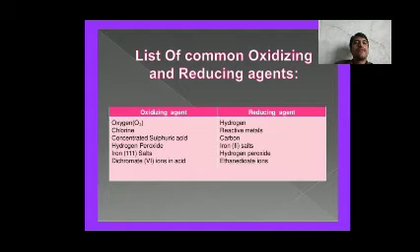Reducing agent: iron(II) salt. Oxidizing agent: iron(III) salt, FeCl3. Reducing agent: hydrogen peroxide.